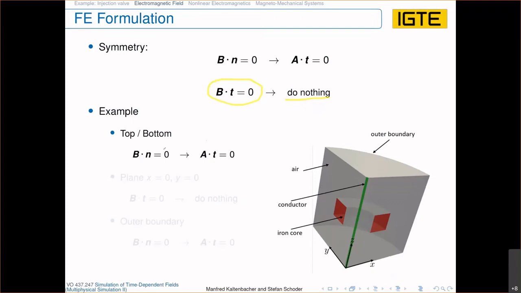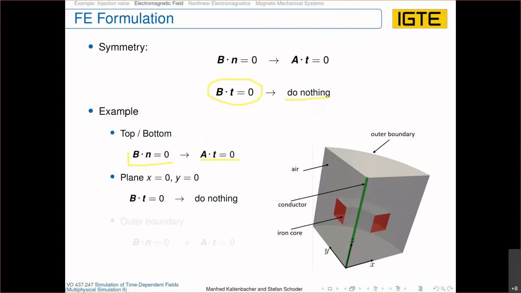Now at the top and the bottom, it is an outer boundary, and clearly we have to fulfill our standard boundary condition, which means we set all our edge degrees of freedom at these surfaces equal to 0 according to this relation here. Now we have the planes x equals 0 and y equals 0, which means this front plane and this front plane.